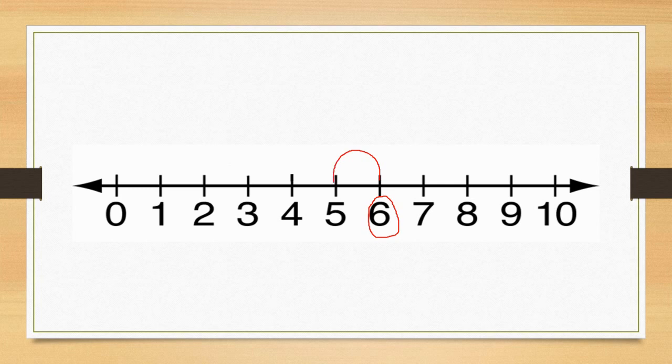Now you get the number 5. How can you write it? Just see. 6 minus 1 is equal to 5. Like that, our answer is coming.